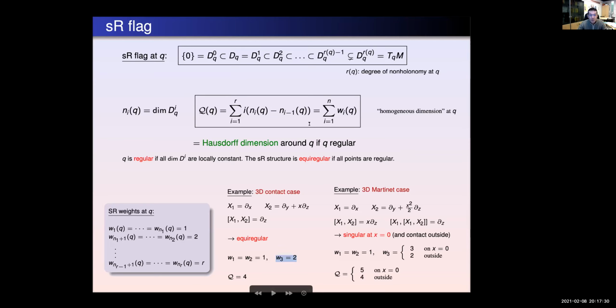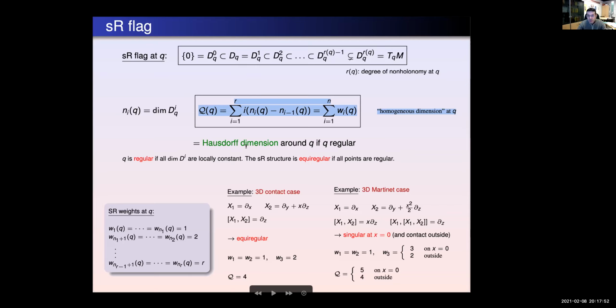And in terms of sub-Riemannian weights, the homogeneous dimension is also exactly the sum of sub-Riemannian weights. This is why, for instance, in the Riemannian situation, all weights are equal to 1, and in that case, the Hausdorff dimension is the usual topological dimension.